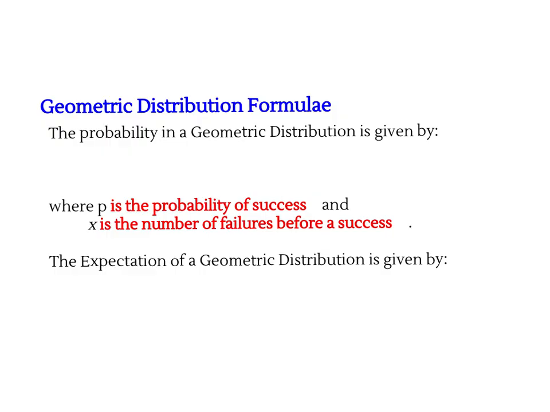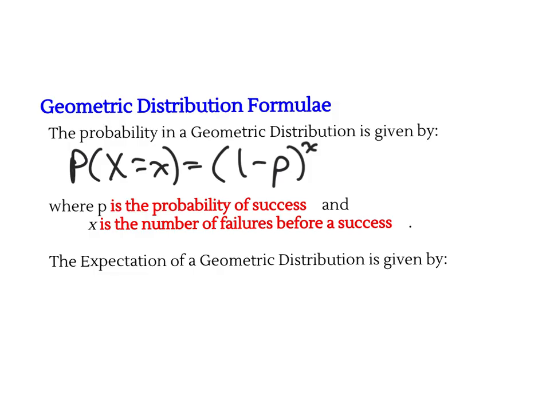The probability in a geometric distribution is given by P(X = x) = (1 − p)^x · p, where p is the probability of success and x is the number of failures before a success.